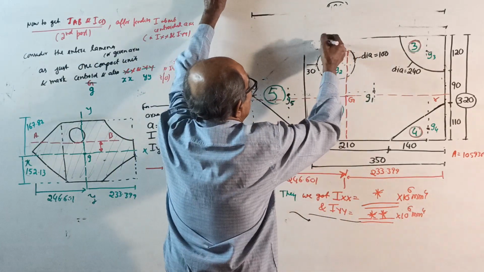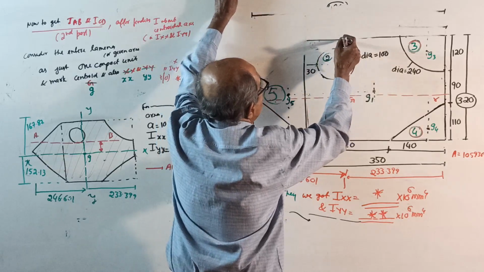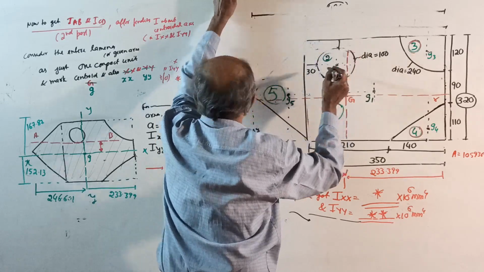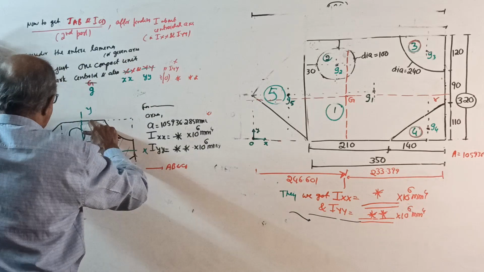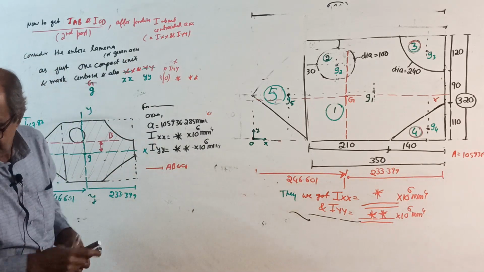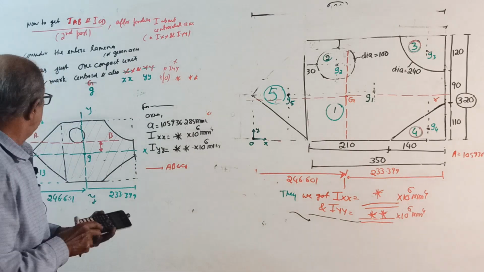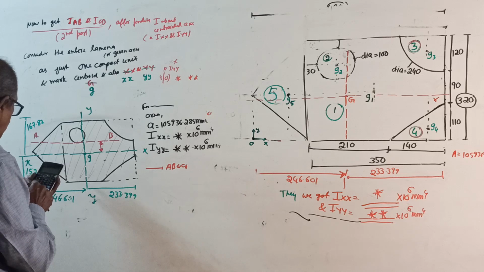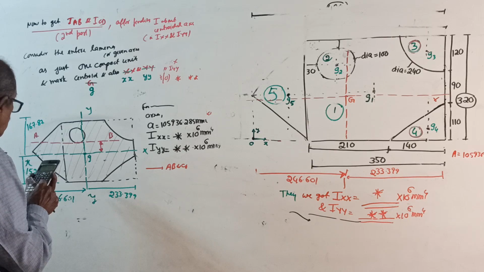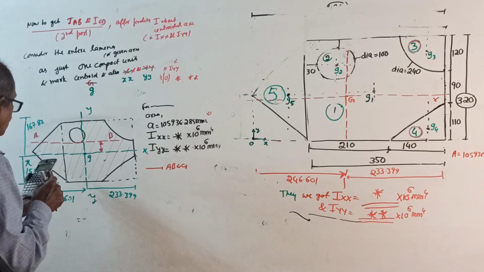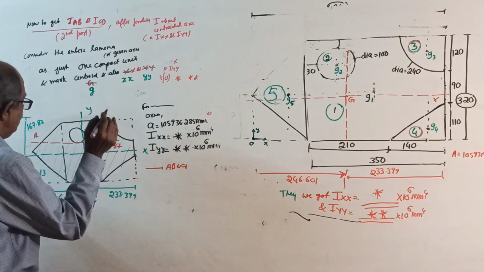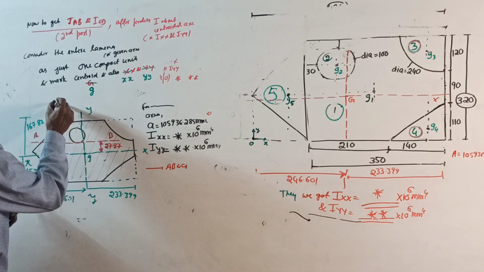Okay, no problem. This is 40 up to here, diameter is 100, so 140. This is 167.87, this distance is 140. 167.87 minus 140 is 27.87 millimeter.